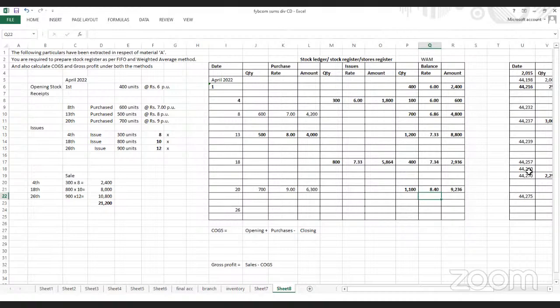Okay. See, you must have observed that while issuing, I'm taking the latest rate. Don't take the rate which is given in the sum for issues.